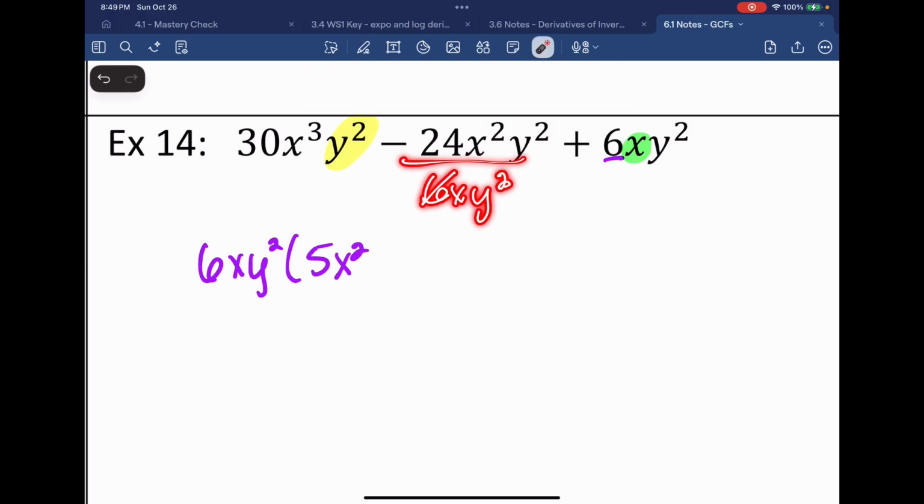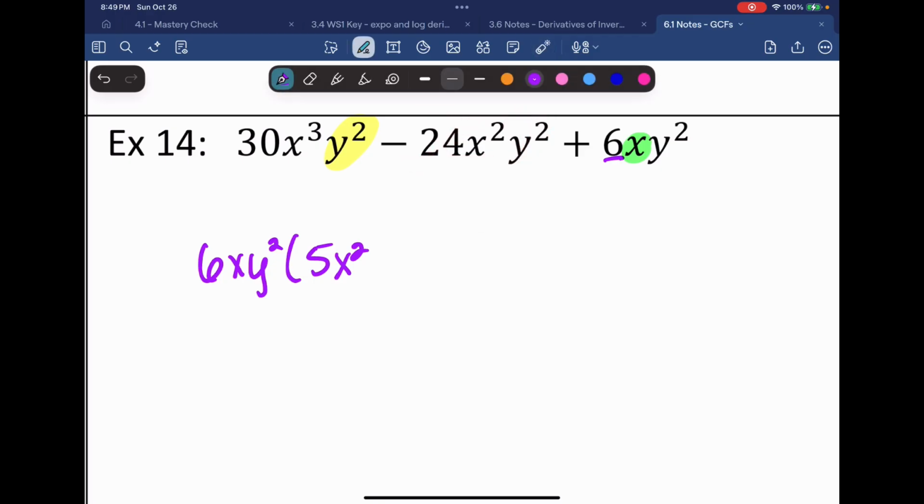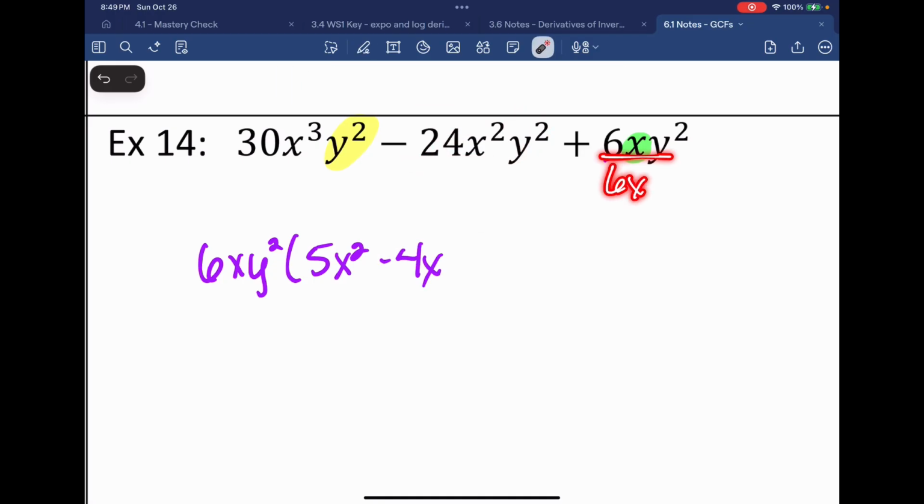Six goes into 24 4 times. That's x to the 1. y squared cancels. So 4x. 6xy squared. This is another one I want to pay attention to. 6xy squared divided by 6xy squared is 1.